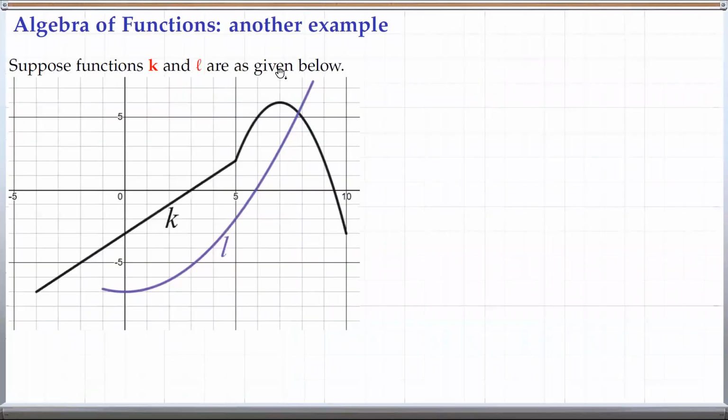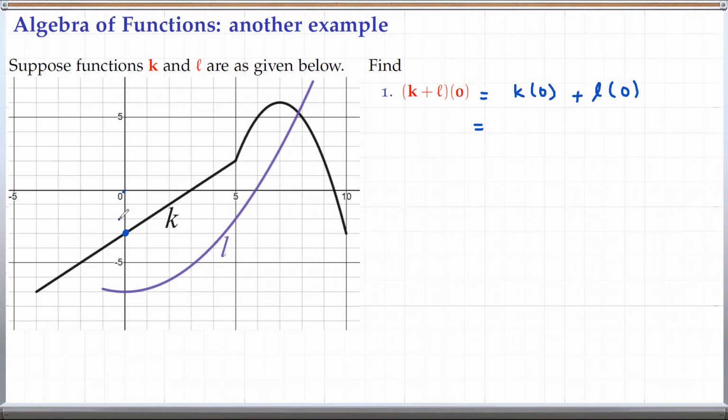Here is another example. So we are given graphs of functions k and l, and we are asked to find k plus l at 0. So this is simply k at 0 plus l at 0. So k at 0 is the y value when x is 0. So x is 0 is here, and y value on the graph of k is over here.